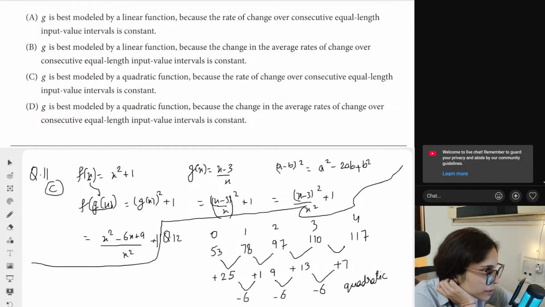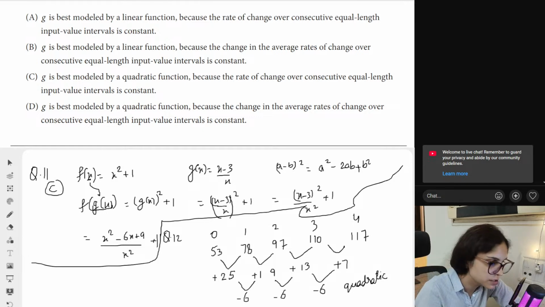G is best modeled by a quadratic function because the rate of change is not constant. The first thing that we write is the rate of change, and the second thing is the change of rate of change, or change in average rate of change.